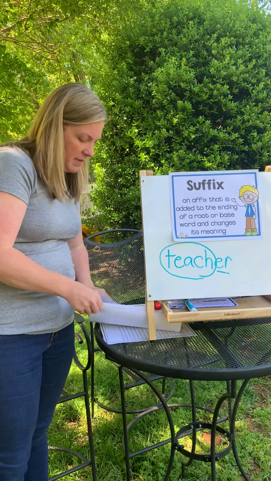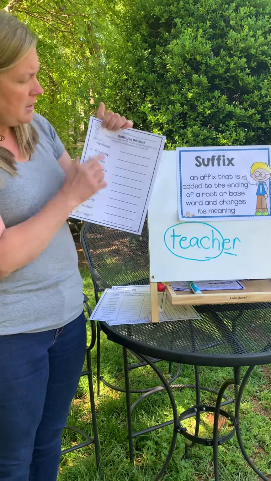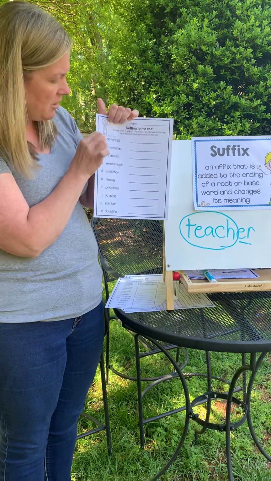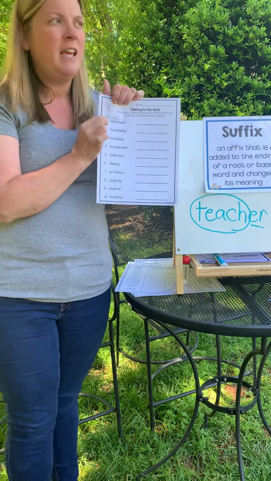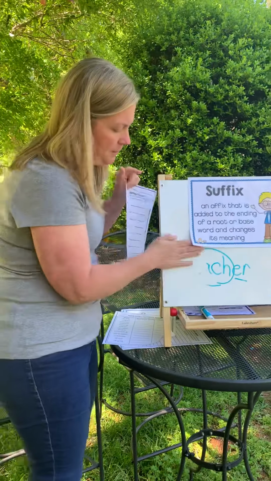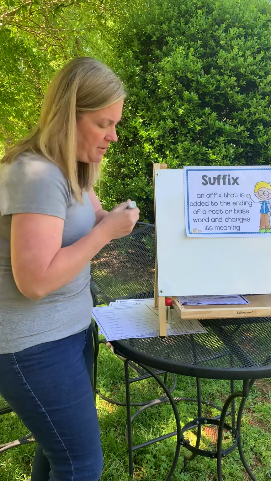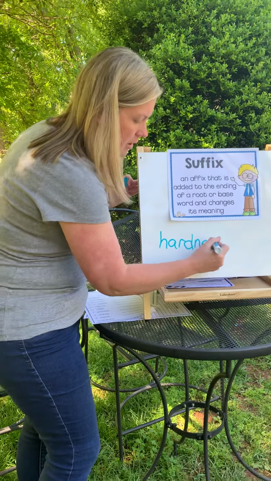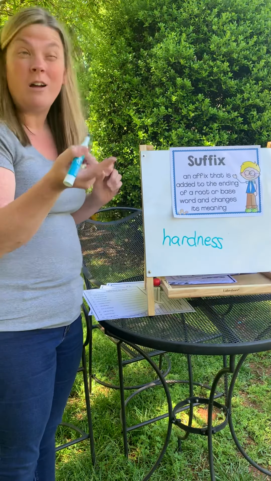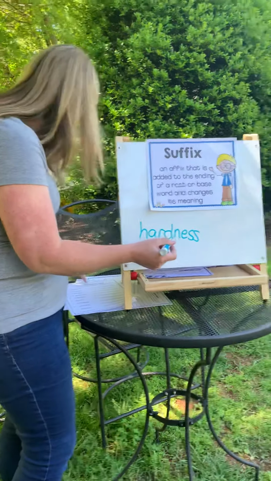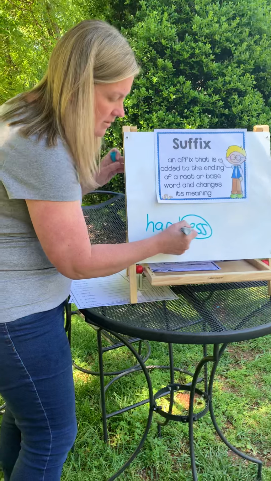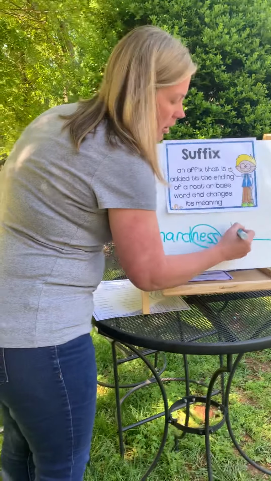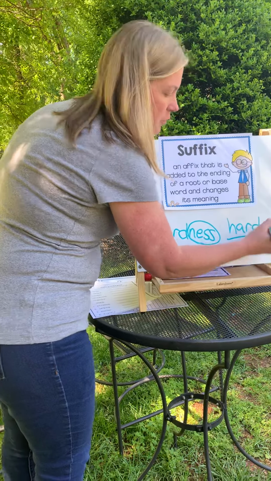And then same thing with the next sheet, but this time it says to circle the suffix and write the root word on the line. So like the first one is hardness, N-E-S-S. We didn't talk about that one, but let me write it up here. Hardness, the word that you hear, hard, okay? So it says to circle the suffix. So what the suffix is N-E-S-S, ness, and then you'll be writing hard on the line, because that's the root word, okay?